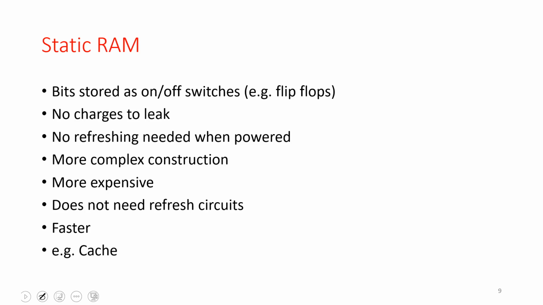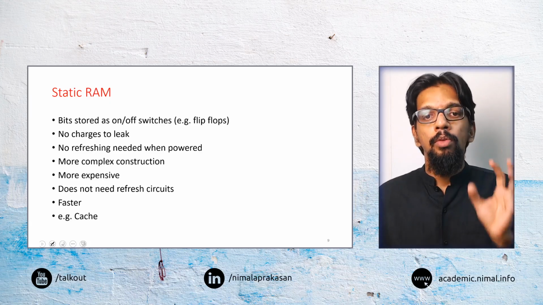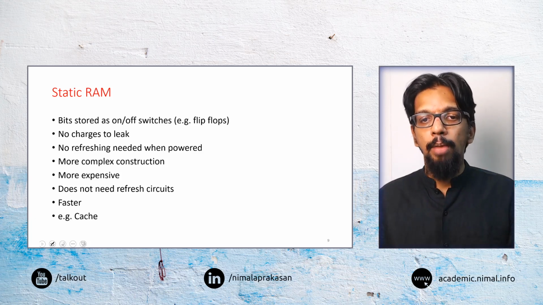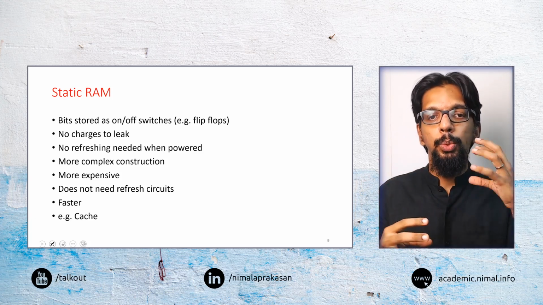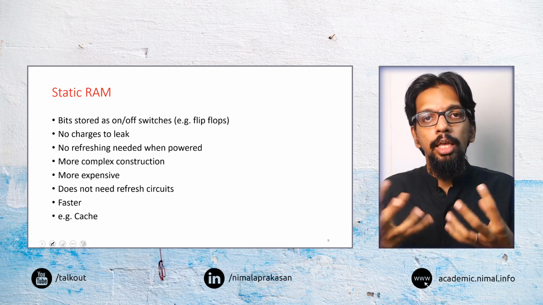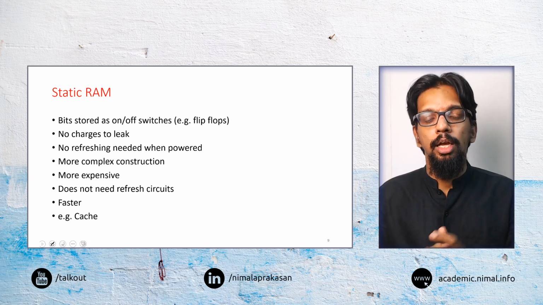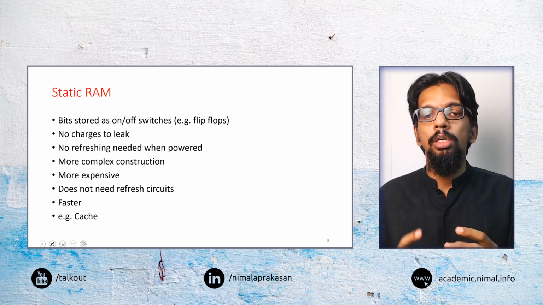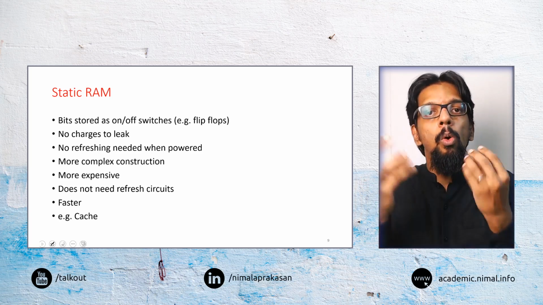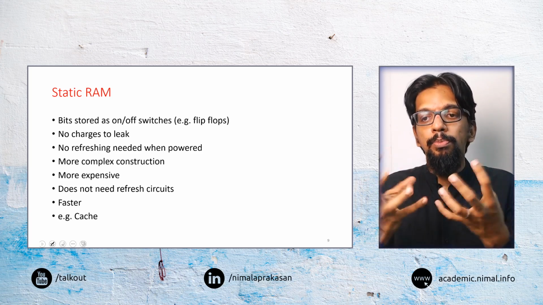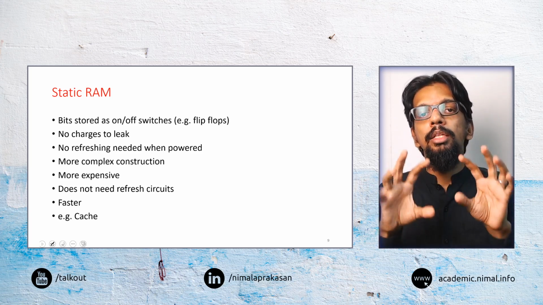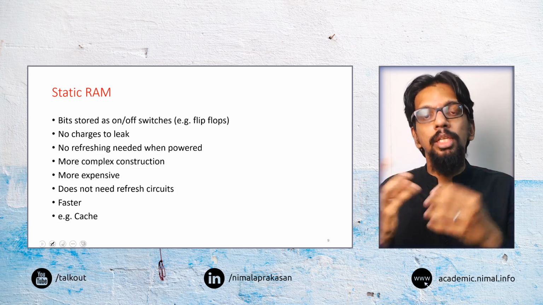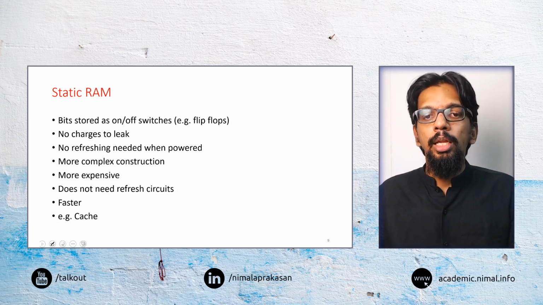Now let's look at the two main categories of RAMs as we earlier identified: static RAMs and dynamic RAMs. The main differentiation between these two is the underlying hardware technology used. Static RAMs are based on flip-flops, or on-off switches, which keep ones and zeros, whereas dynamic RAMs use capacitors.